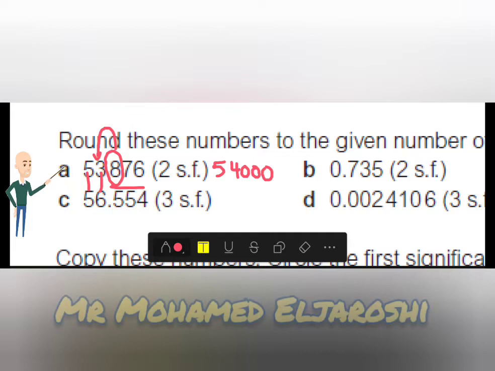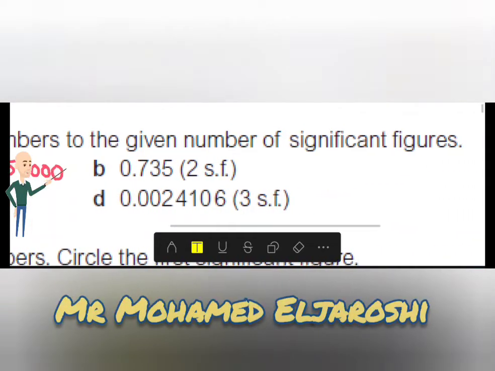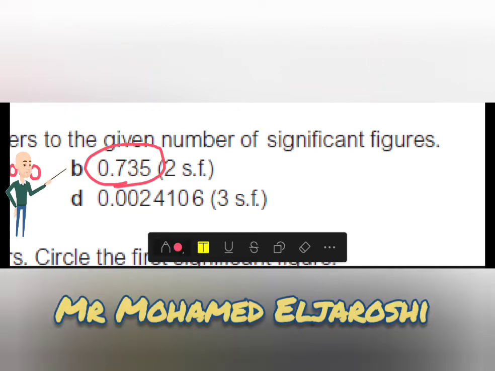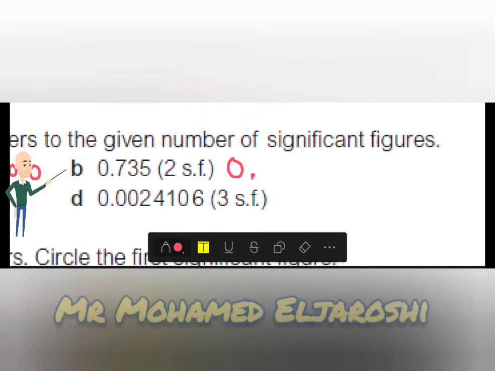Now let's take a look at B. We have 0.735. Now when you have a decimal point, you will have zeros, and when you count, you don't start with zeros, so you don't count zeros, but you have to write them in the answer. So the first thing you do, you write 0 point with a decimal point. Now you start counting two significant figures.